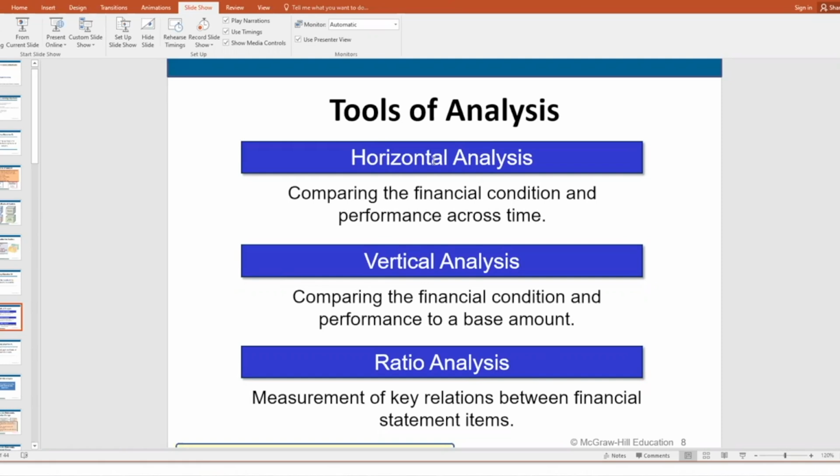So horizontal analysis, we compare this year's financial statements to last year's financial statements. It's just basically analyzing if we're improving or doing worse over time. Vertical analysis is the other thing we're going to do, and that's looking up and down on the financial statement.